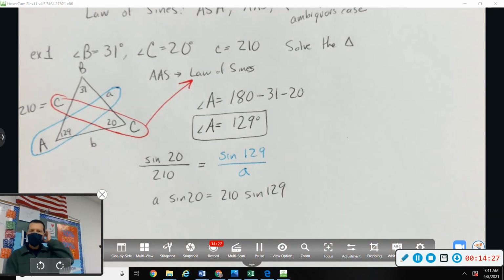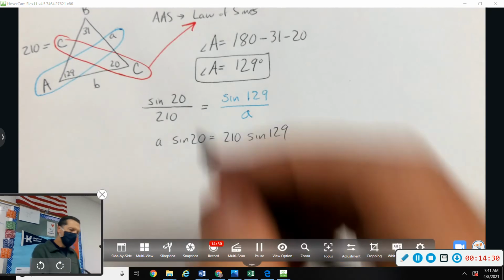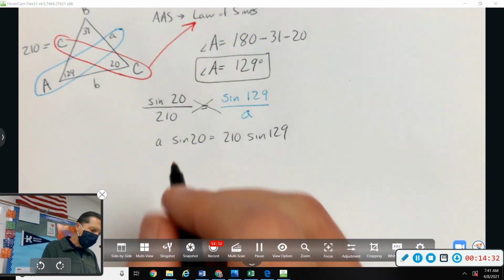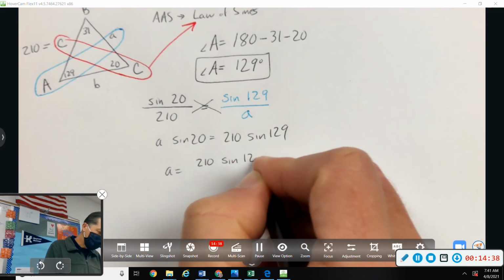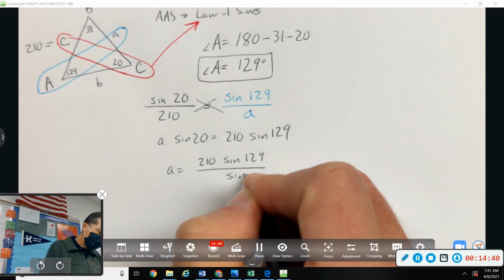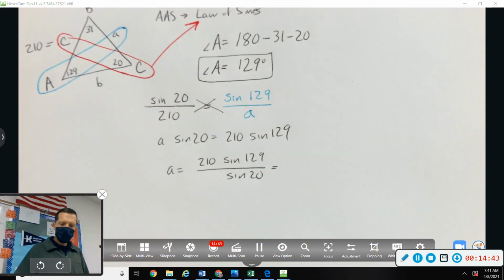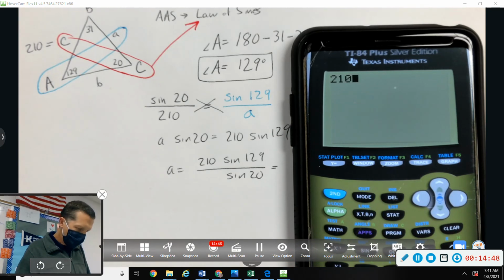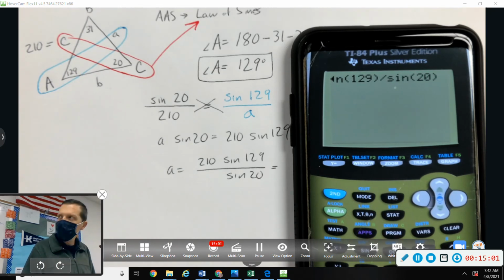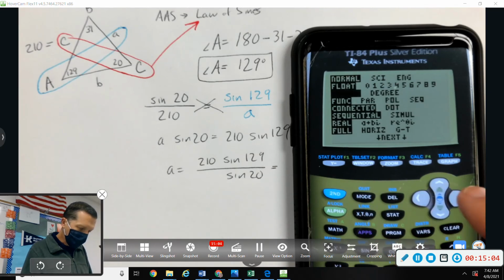Cross multiply, and then divide by sine 20. So 210 sine 129 divided by sine of 20. Careful with parentheses to make sure you're taking the sine of just 129 divided by sine of 20, although I better be careful. I need to be in degrees.